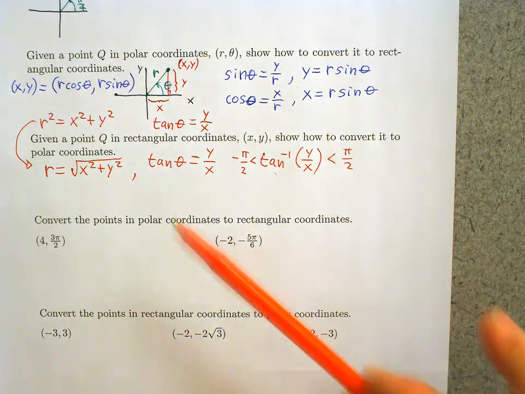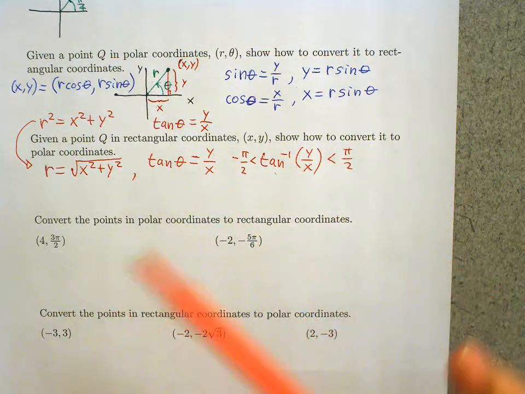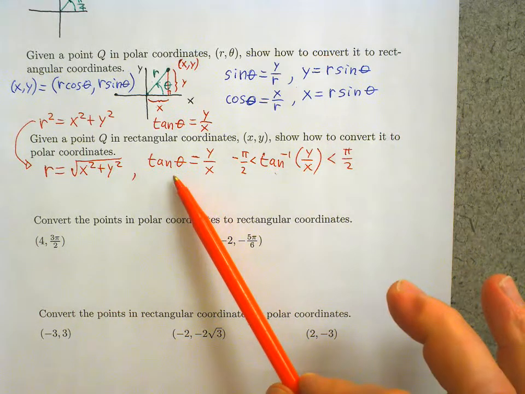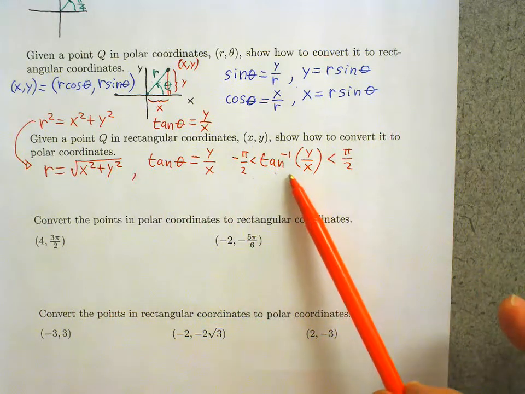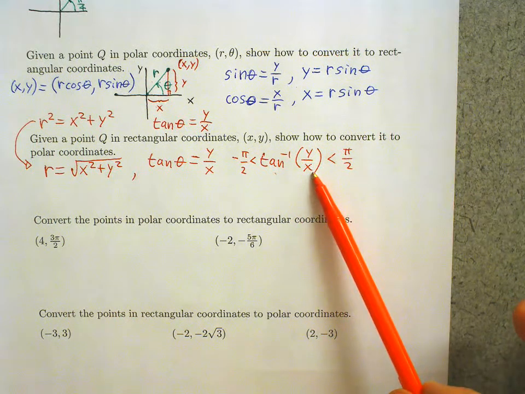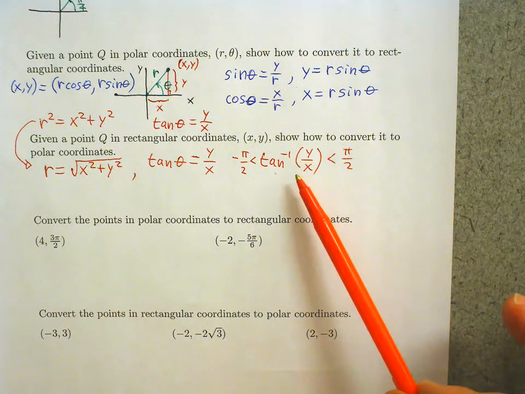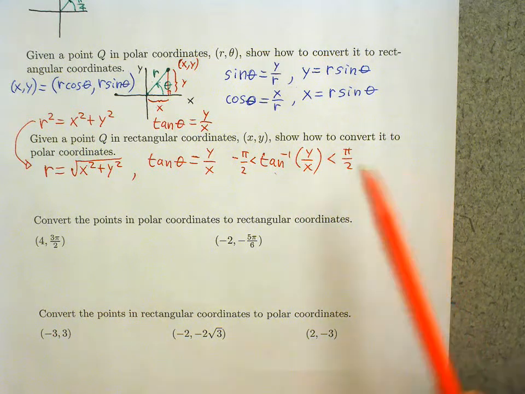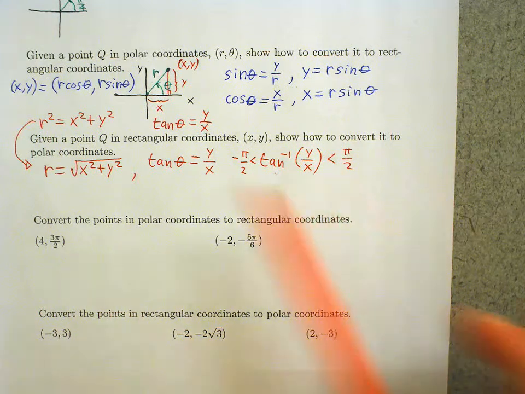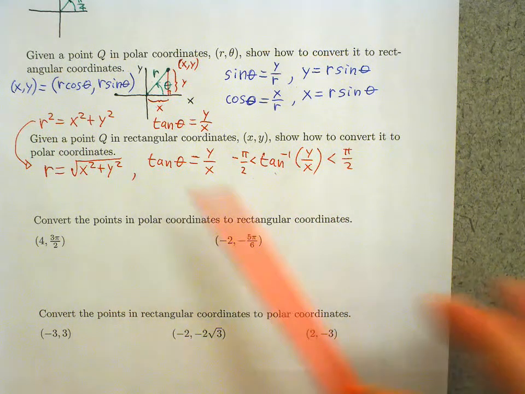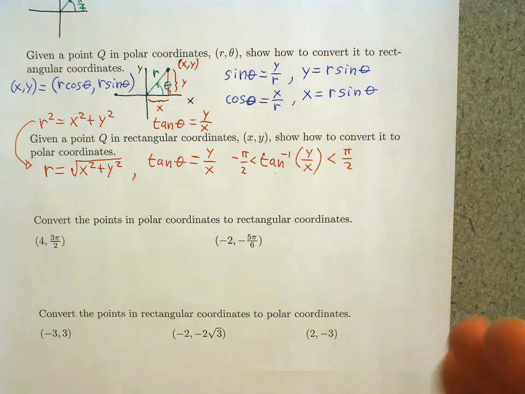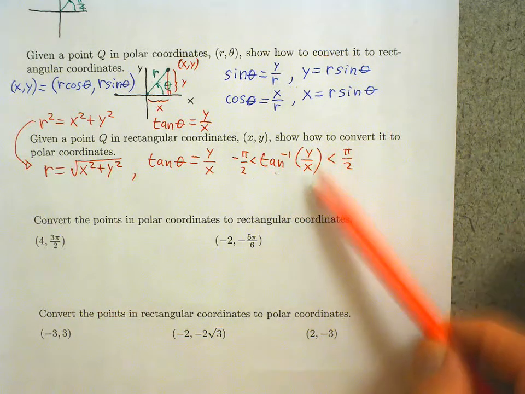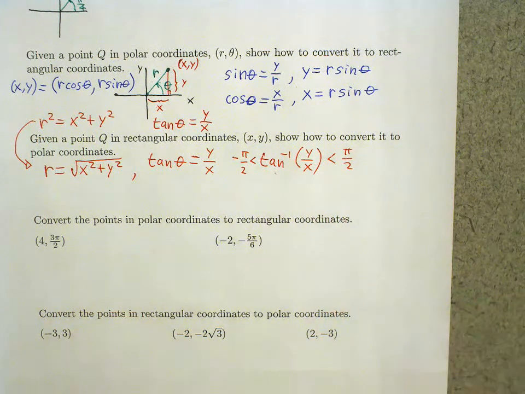So if theta itself is in, say, the second quadrant, then the inverse tangent of y over x will give us a value that's in the first quadrant, and then we have to find the angle theta in the second quadrant by taking pi and subtracting the inverse tangent of y over x so that we're in the second quadrant.